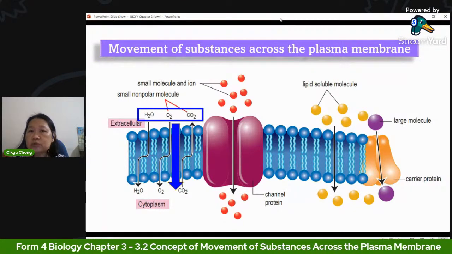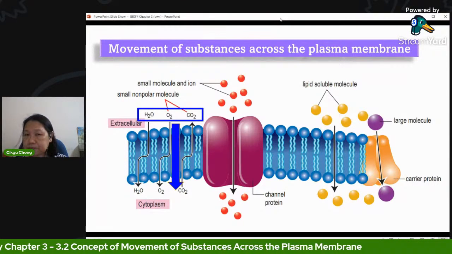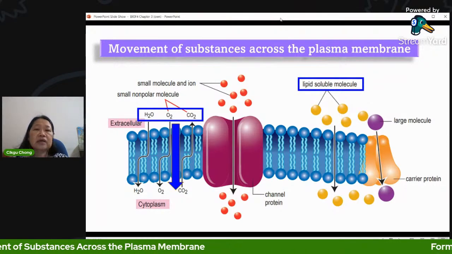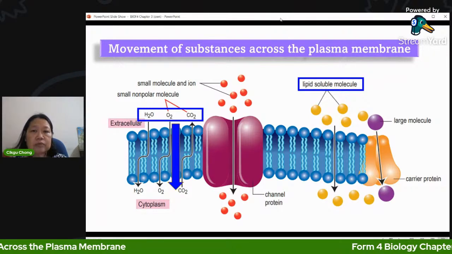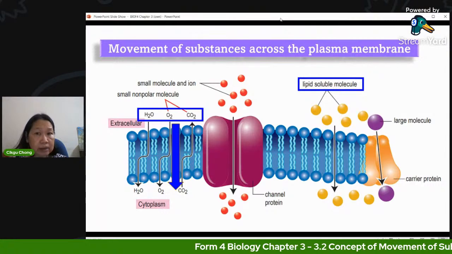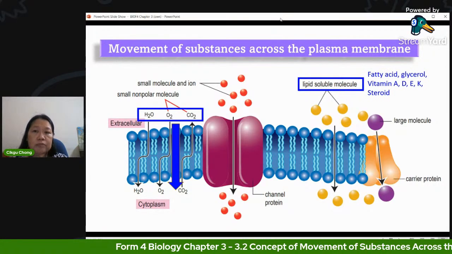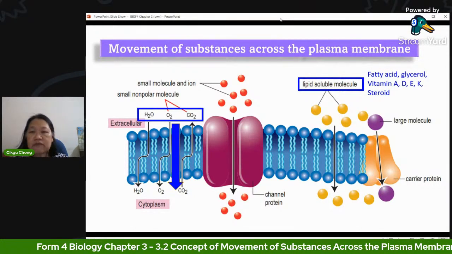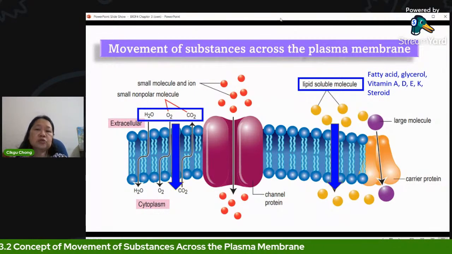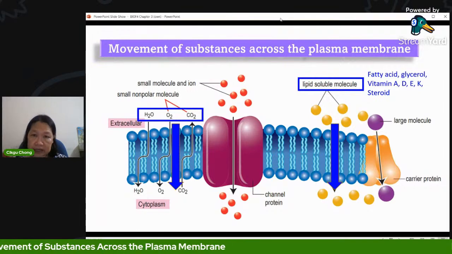Another thing that can pass through the phospholipid bilayer are lipid soluble molecules. As long as they are lipid soluble, it doesn't matter whether they are big or small. Examples would be fatty acid, glycerol, vitamin A, D, E, and K, and also steroid. They will pass through the phospholipid bilayer.